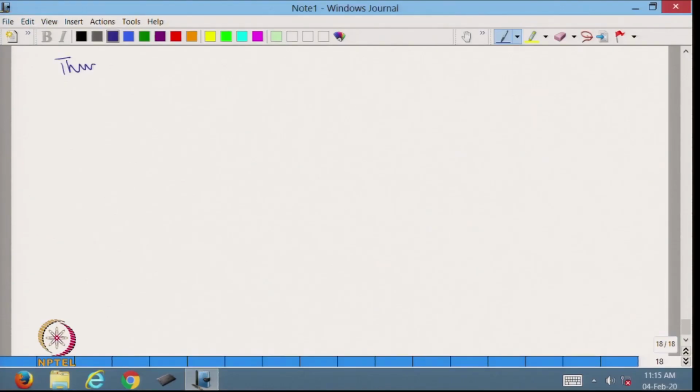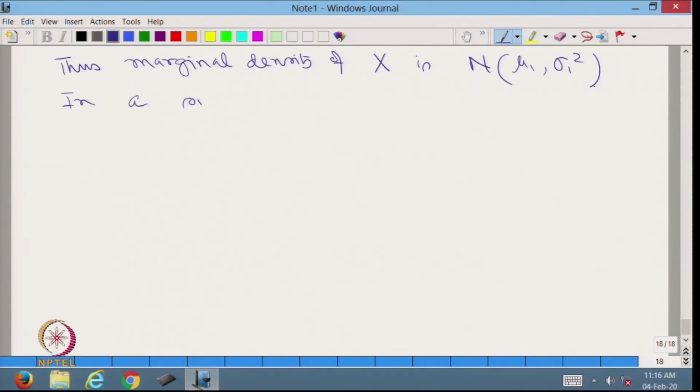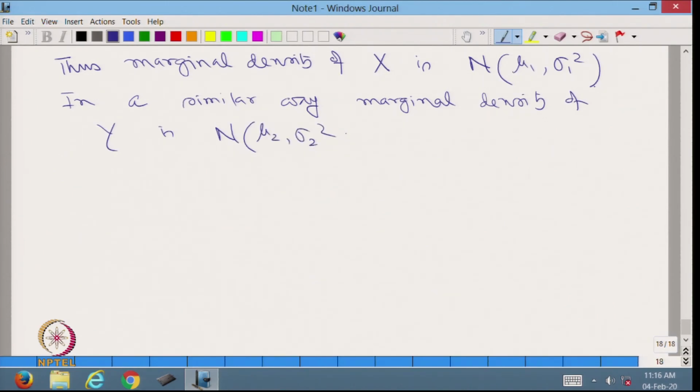Thus, marginal density of x is normal with mu 1 sigma 1 square. In a similar way, marginal density of y is normal with mu 2 sigma 2 square.